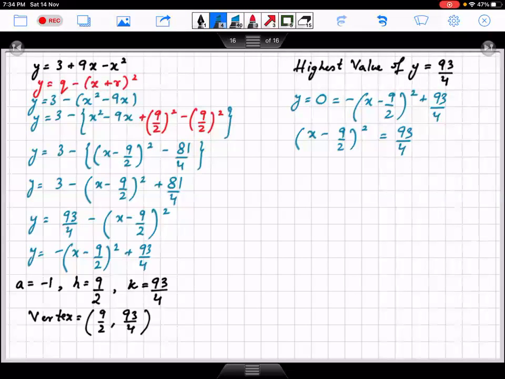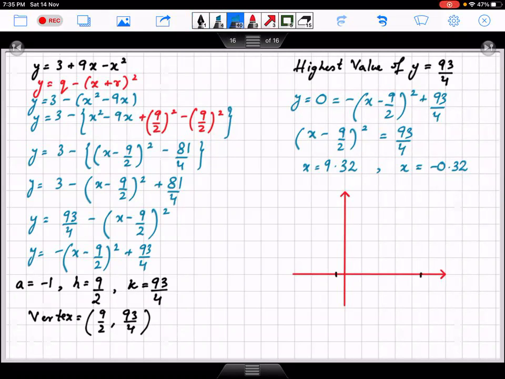So by solving this, I will be getting x equals to 9.32, and the next value will be x equals to minus 0.32 approx. Now to sketch the graph, so let's say this value and this value.